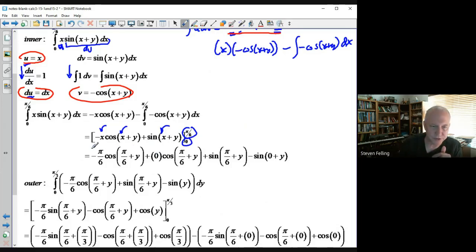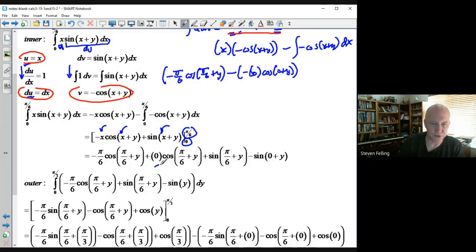I should have probably been more explicit. So I've got negative the x value, and then the cosine of pi over 6 plus y, just being treated as a constant, minus that whole expression, negative, but this time with 0 plugged in, 0 cosine of 0 plus y. And so this whole part here becomes a 0.